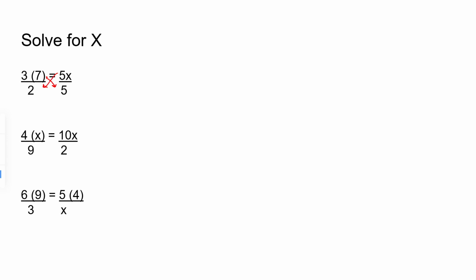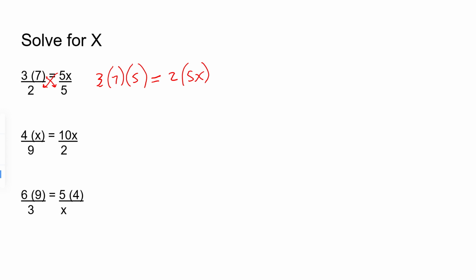So this new problem becomes 3 times 7 times 5, because we are multiplying 3 times 7 times 5, is equal to 2 times 5x. So 2 times 5x, we've multiplied that across.